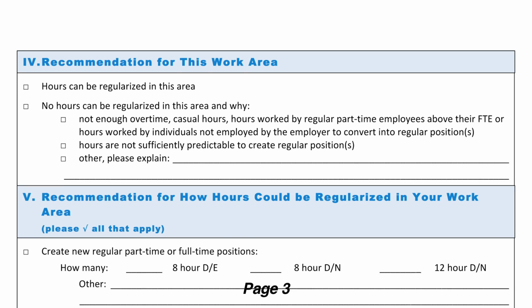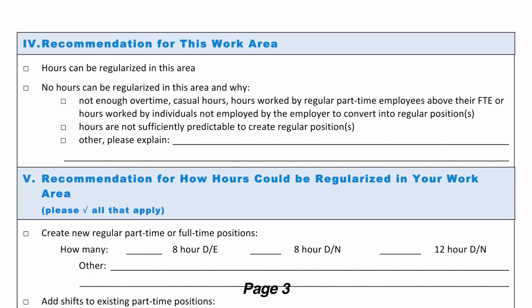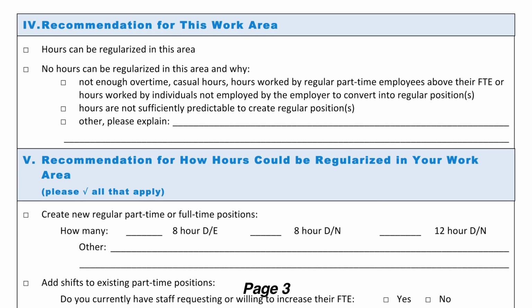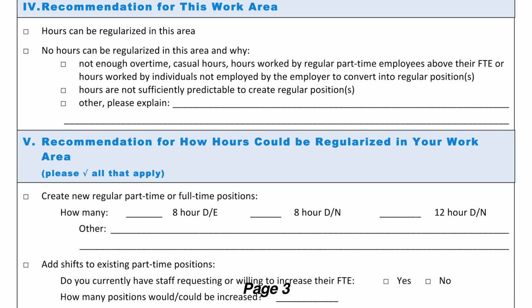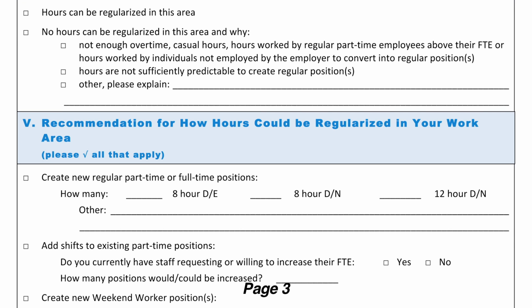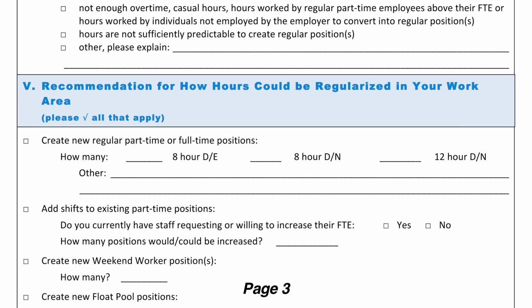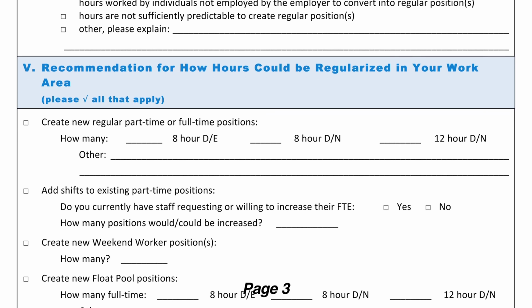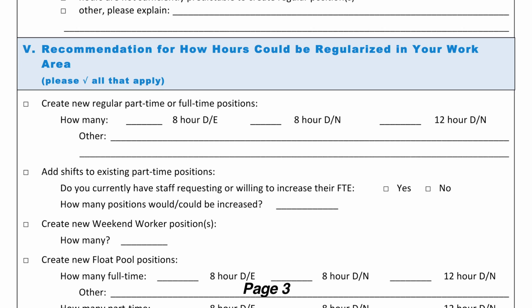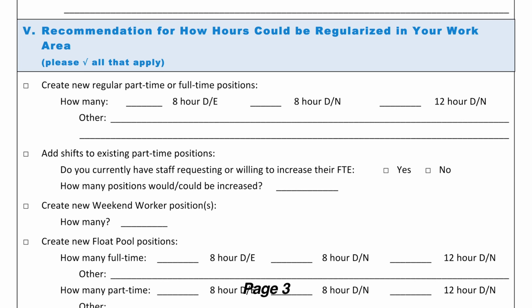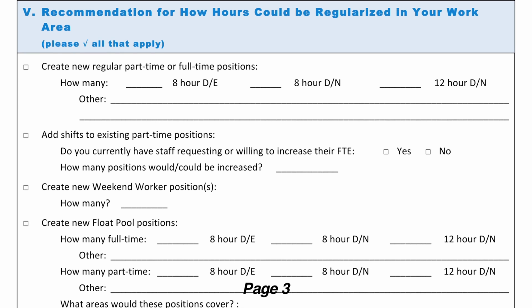On the next sheet, it asks them to submit some of their recommendations. So we're actually asking on their agreed number of hours that are available for regularization based on their individual analysis of the work area, and we're asking them for some preliminary recommendations about what they would like to do with those hours. So for example, do they want to create new positions?